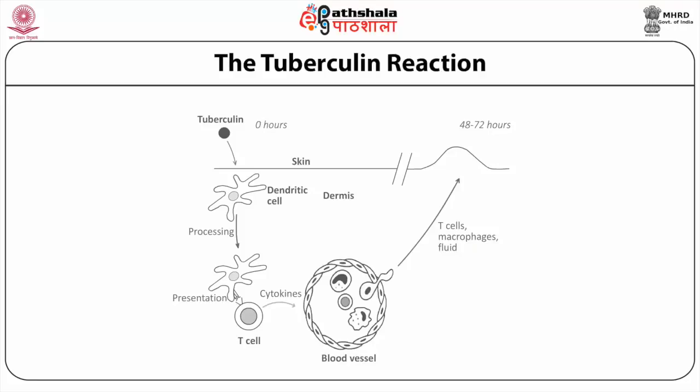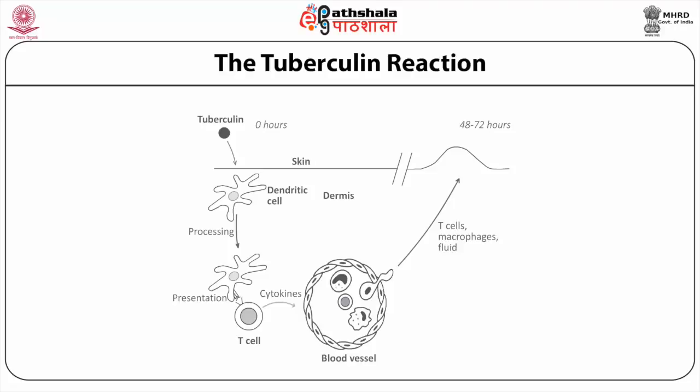Tuberculin injected into the skin is processed and presented by dendritic cells to T cells along with class 2 MHC proteins. The whole phenomenon is outlined here in this slide. These T cells are memory T cells which are specific to tuberculin.